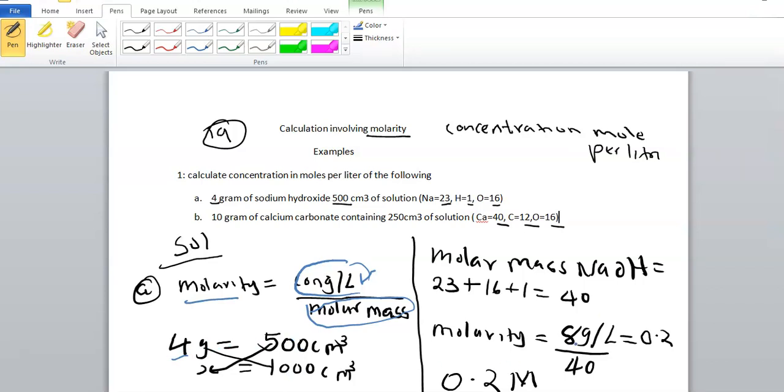When you get the concentration in gram per liter, you use the formula: molarity is equal to concentration in gram per liter over molar mass, or RFM. Then you calculate the molar mass of the compound, which we have learned in the previous lesson. When you get that molar mass, you divide it, and from there you get the molarity. The symbol you give for molarity is always capital M. I hope you have understood it.